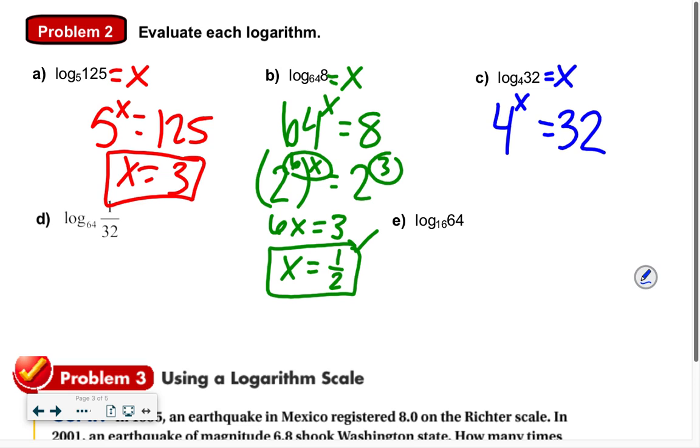Does 4 to some number get us 32? Some nice whole number? I don't think so. So what can I do with 4 and 32? Find a common base. Can I use 2 again? Yeah. 4 is 2 to what power? How about 32? That's 2 to what power?